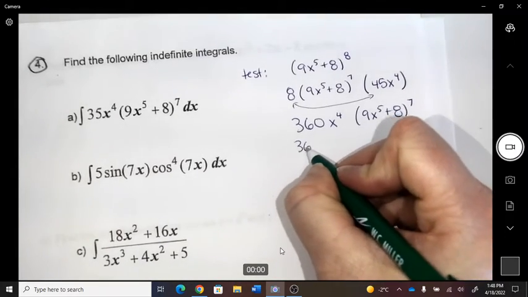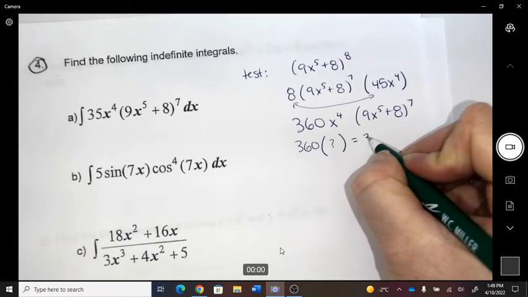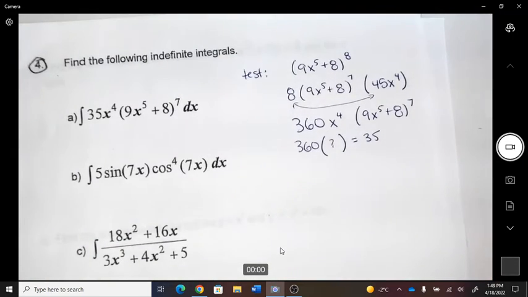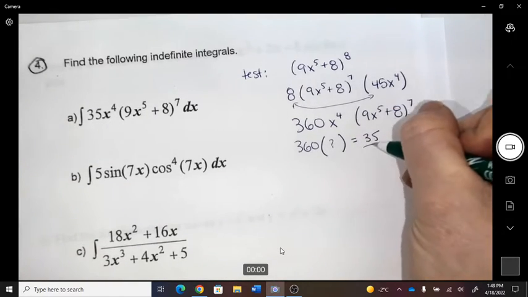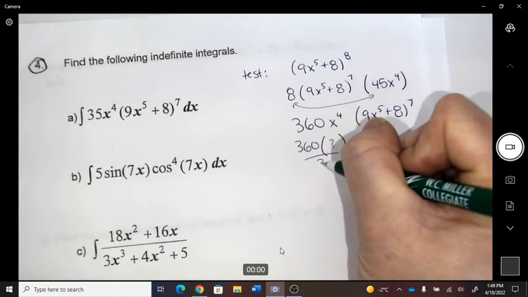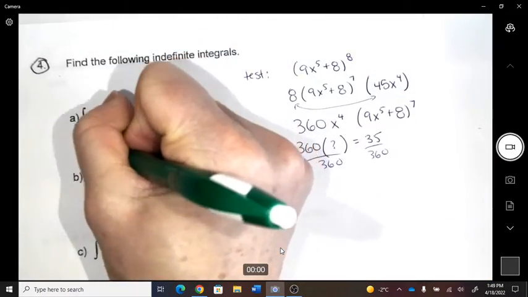So 360 is going to need to get multiplied by what? I have to turn it into a 35. So you're going to have to multiply it by 35 over 360.